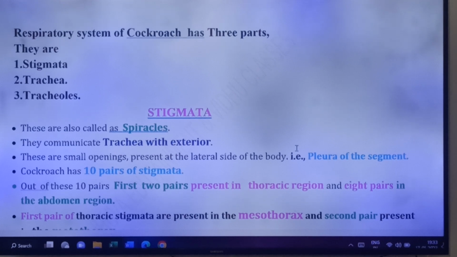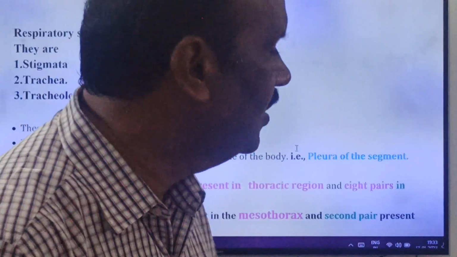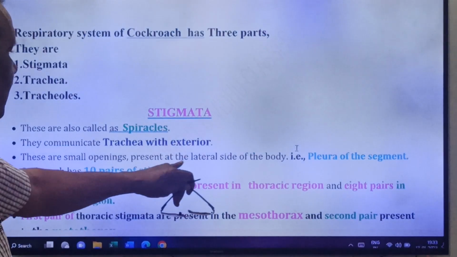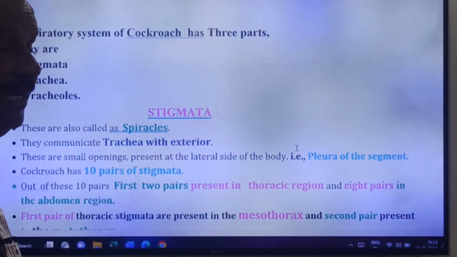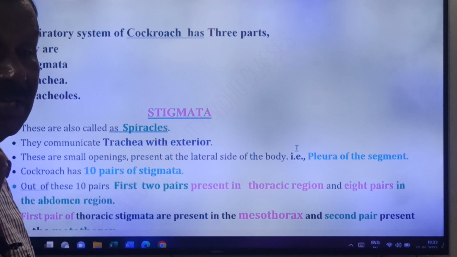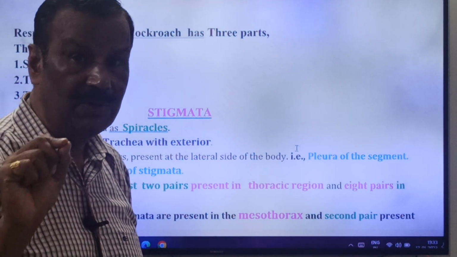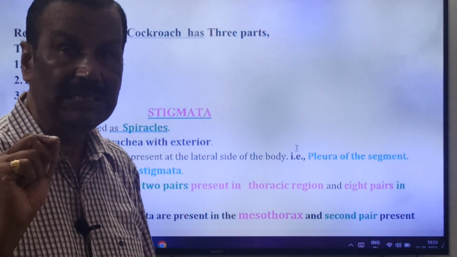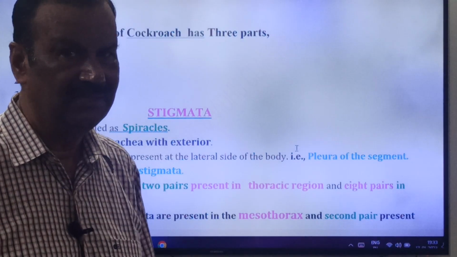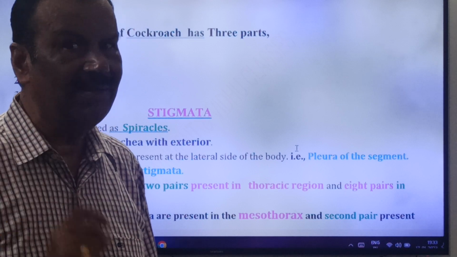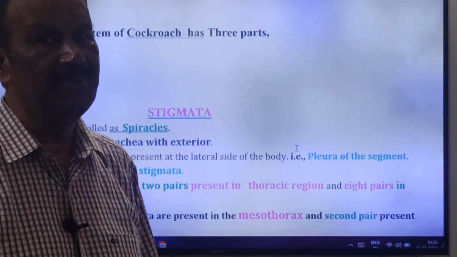Okay, friends, what are stigmata? The stigmata are small openings present on the lateral side of the body, particularly on the pleura. What are pleura, friends? See, the cockroach has 19 segments, in which 6 segments form the head, 3 segments form the thorax, and 10 segments form the abdomen.